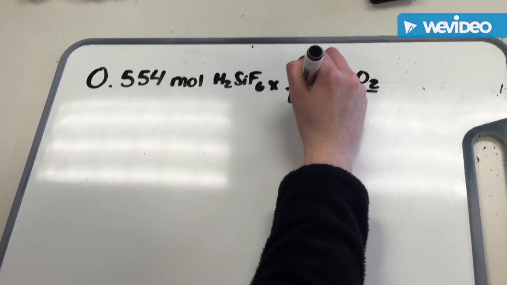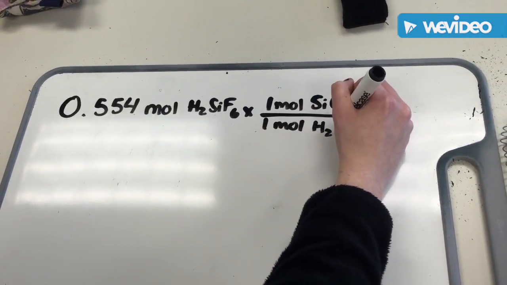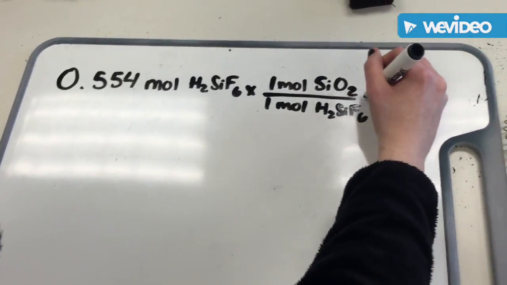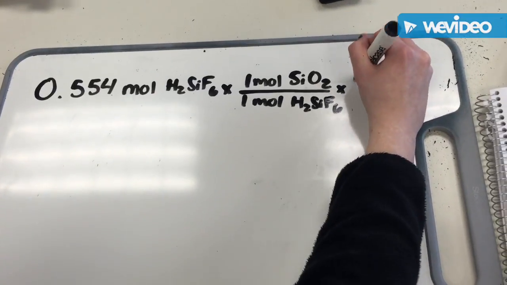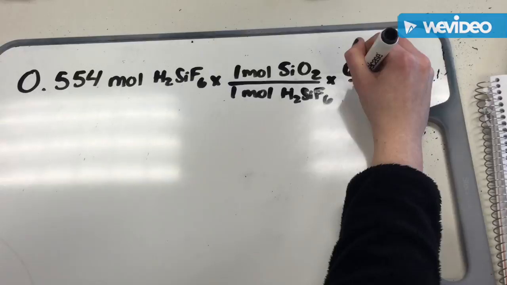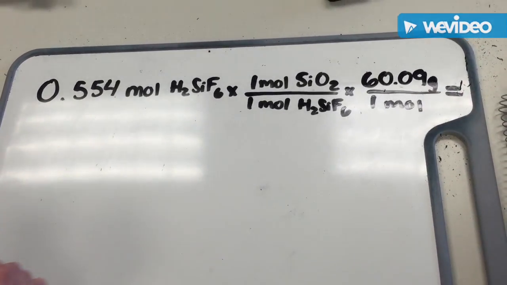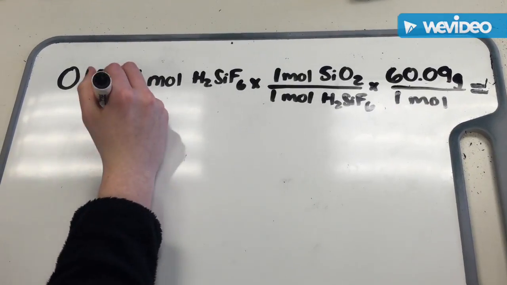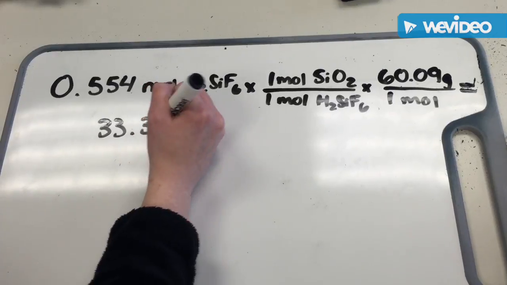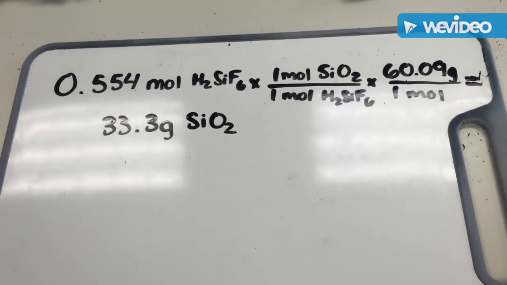So we're just working backwards, converting from the moles of H2SiF6 to grams of silicon dioxide. Notice how the 0.554 was the amount of moles that we got from converting hydrogen fluoride, and since that was the limiting reactant, that is how much was used for the whole equation.